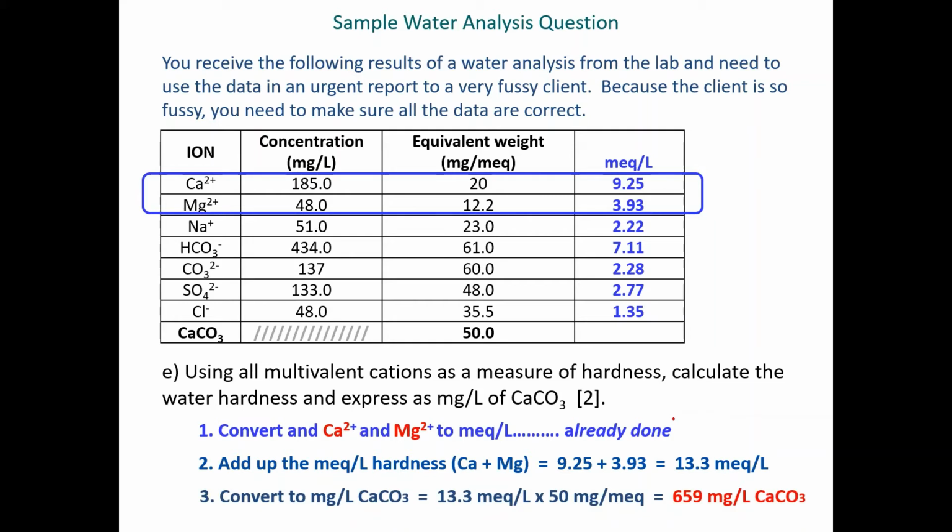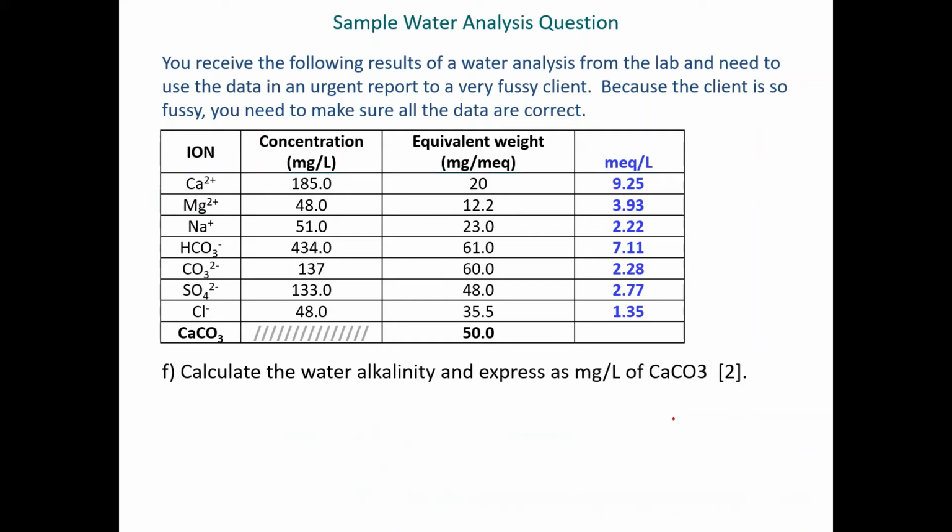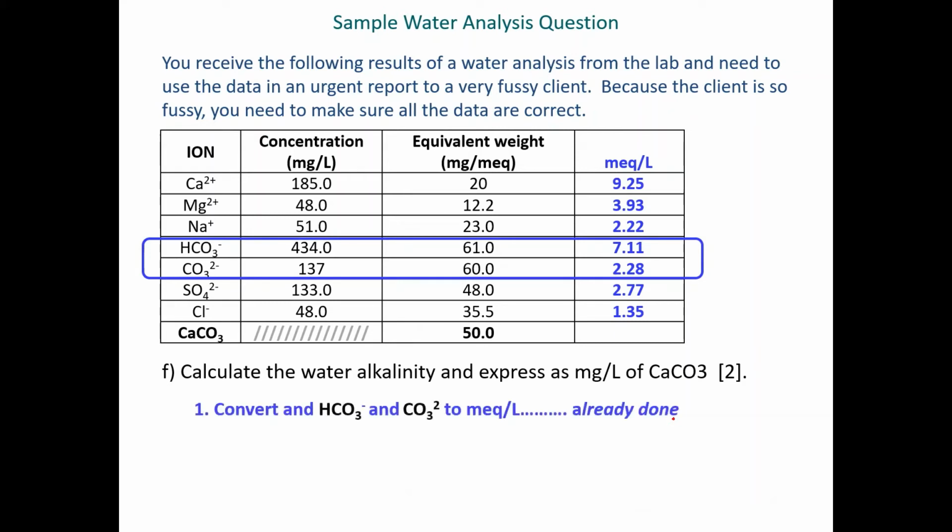Okay, so one more question, which is the alkalinity. So we just did that last day. Remember the alkalinity? We're basically looking at the carbonate and bicarbonate. So first step is done already. We're converting everything to milliequivalents per liter. So you don't have to write that down, by the way. You can just show me the sample calculation.